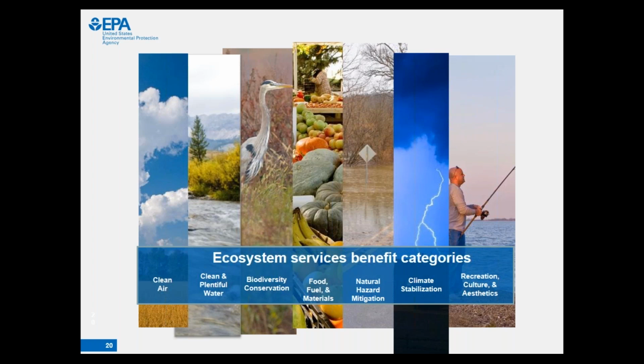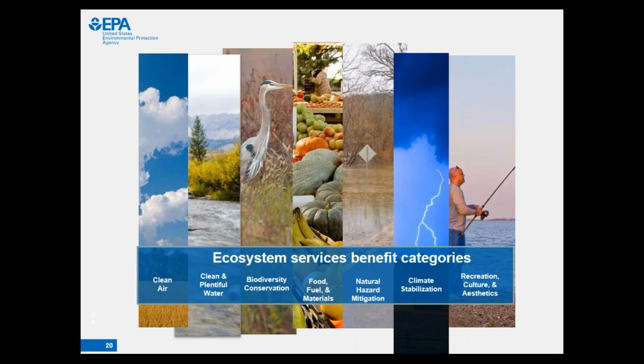And you can really note that all of these issues are things that communities and our parks struggle with here in our state. Air, certainly, we've gotten better, but an ongoing challenge. Water, particularly with the sustainability of our water resources. Biodiversity, particularly a challenge in the desert areas. Food and fuel, this is even more complicated, as we've seen with issues of fires.